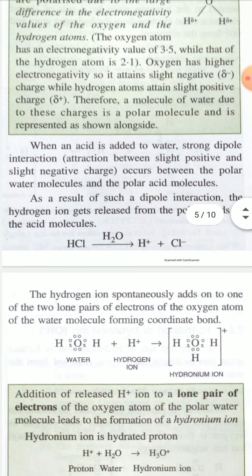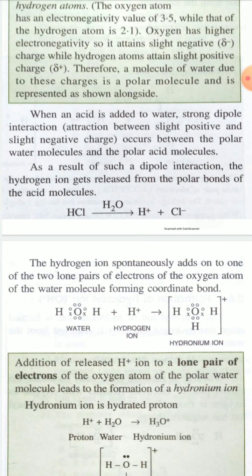When an acid is added to water, we know that water is a polar covalent compound, and acid is also a polar covalent compound. That's why a strong dipole interaction occurs between the polar water molecule and the polar acid molecule. Therefore the acid can easily release the H plus ion due to the dipolar interaction between the water molecule and the acid molecule.